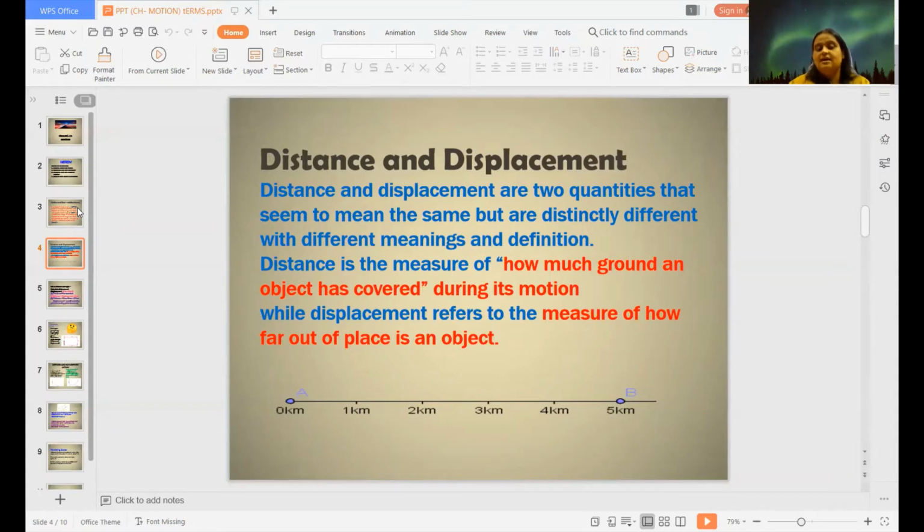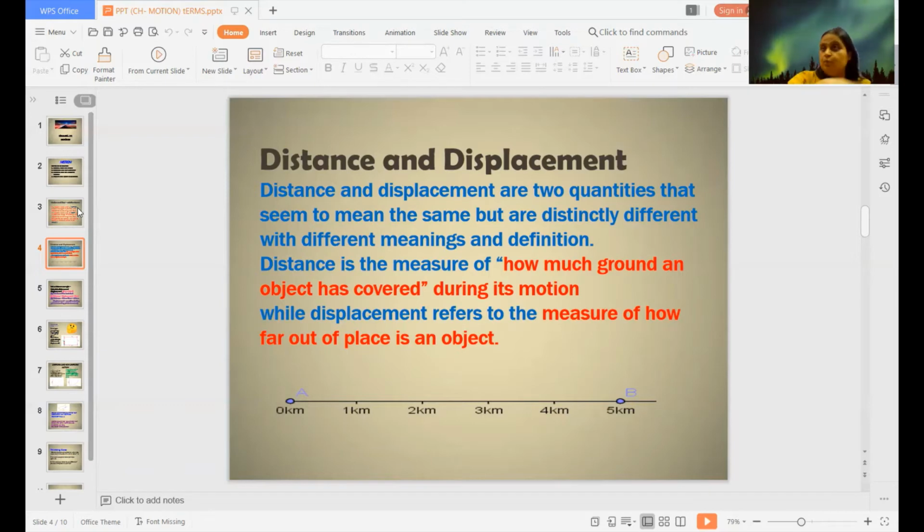That's why in this case, the displacement is 0. So now from this example, let's conclude our definitions. Distance means how much actual path an object has covered, while displacement means the minimum distance, the shortest distance between the initial and final position of an object.